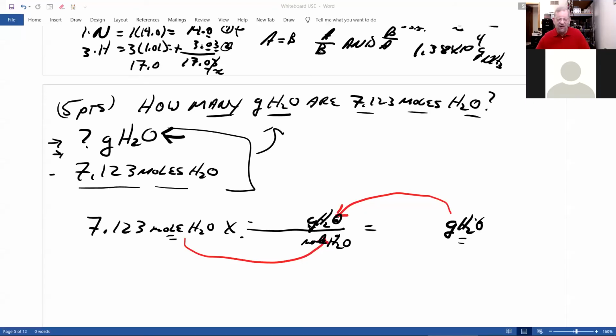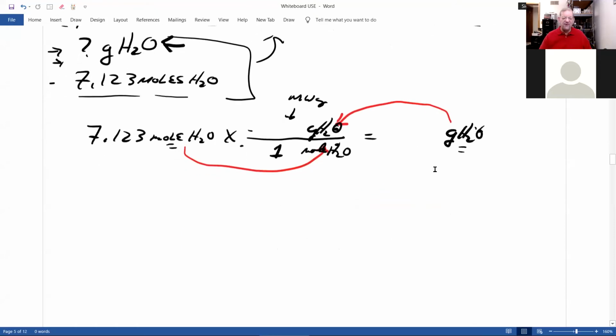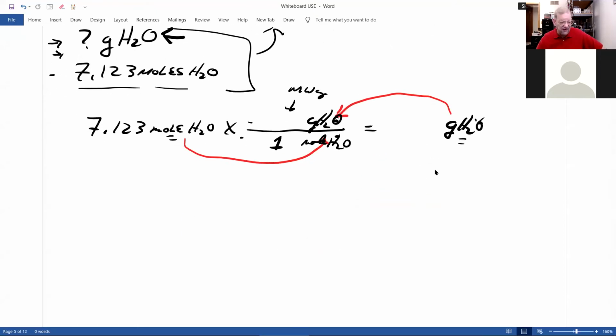So 1 mole of a compound equals its molecular weight in grams. Well, what's the molecular weight of water? Well, we just did it, so I'm going to do this super fast.